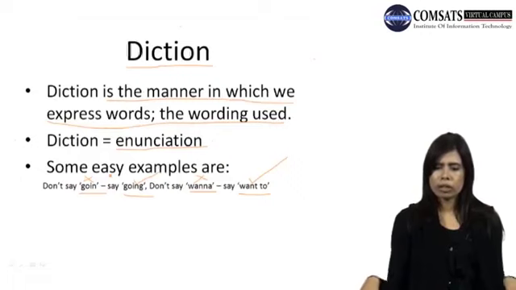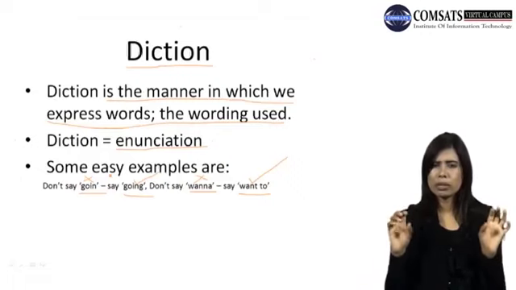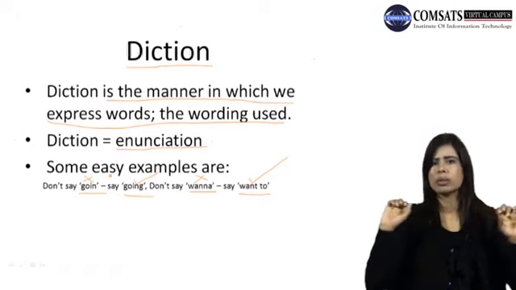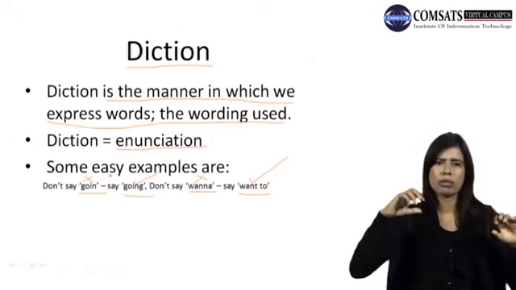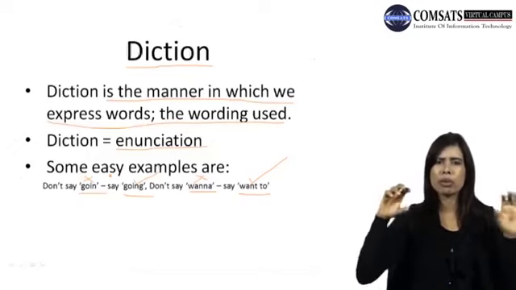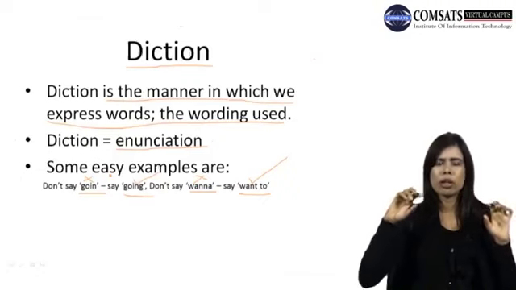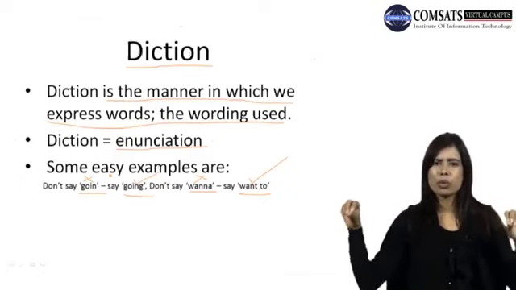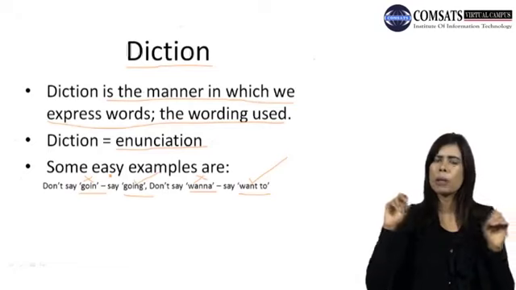Don't say wanna, say want to. So here, my dear students, these are contractions as well, or the shorter versions of words. For example, this is now part of American English, that instead of saying you want to, they say wanna, or instead of saying going to, they just simply say gonna.